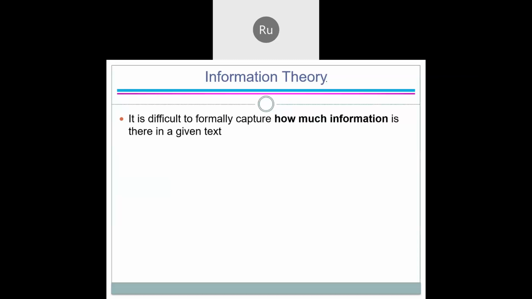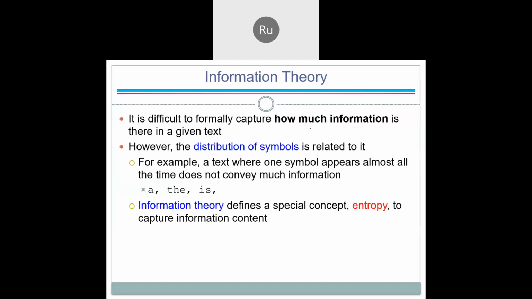If a term is always used, it carries less meaning. That's why all the stop words carry less meaning. However, the distribution of the symbol is related to it. For example, if they appear more in the document, this one carries less meaning.